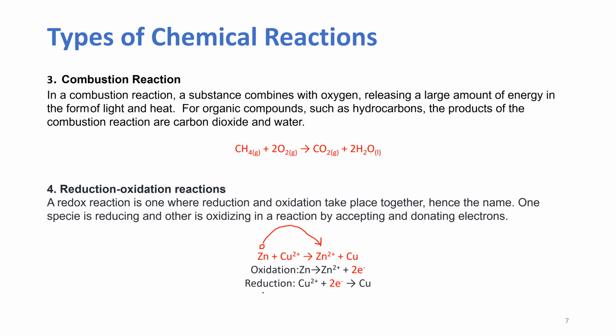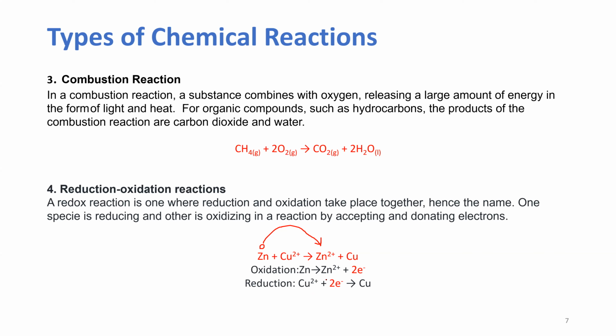Now the reduction reaction is the one where something is accepting the electrons. There is copper plus 2; it was in the plus 2 form, meaning it was deficient by 2 electrons. After accepting the 2 electrons, it resumes its neutral oxidation state, or the 0 charge, right?